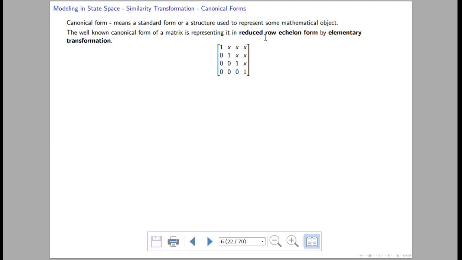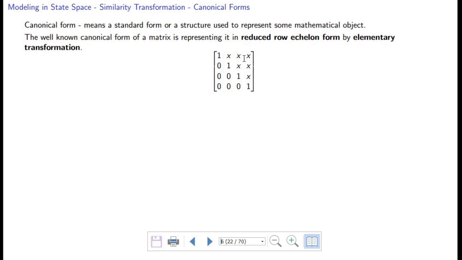One such canonical form is the reduced row echelon form. You reduce the columns in such a manner that the principal diagonal will be 1, all the elements below the principal diagonal will be 0, and all the elements above the principal diagonal will be zero or non-zero.